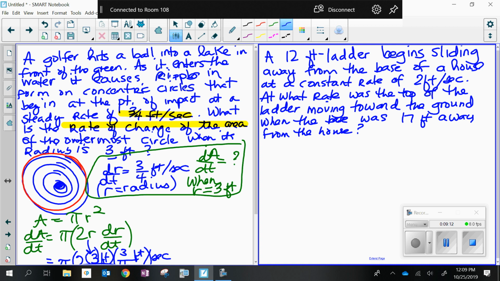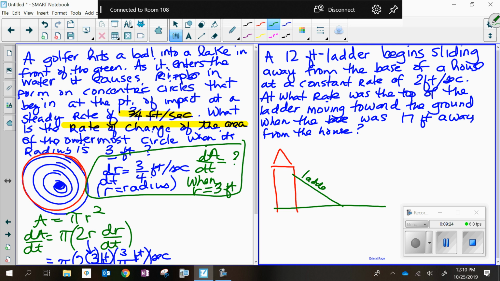All right, so we've got a house, a very skinny one. They've got a ladder. This is the base.